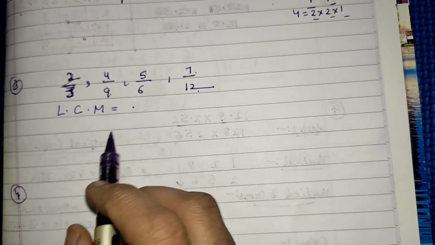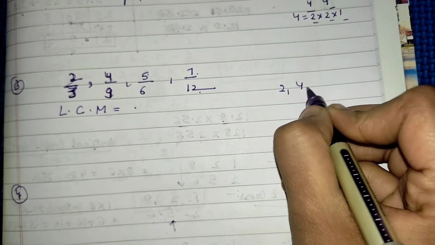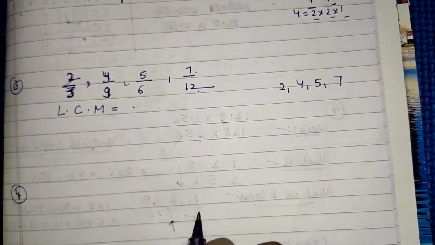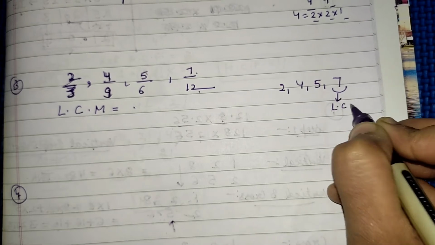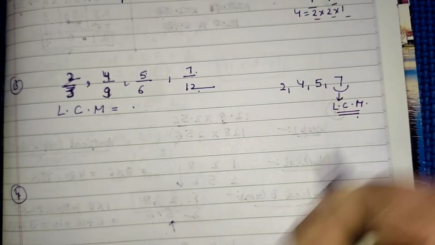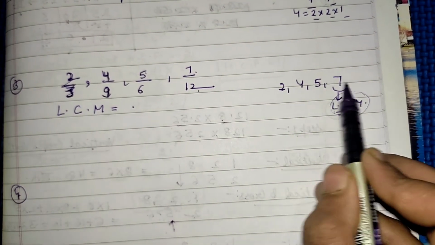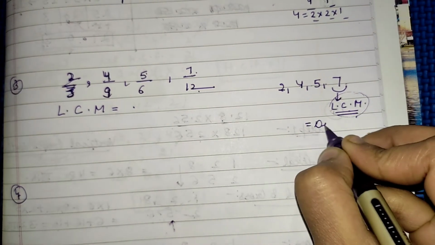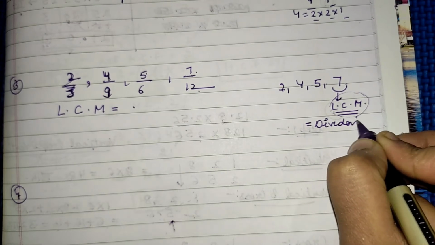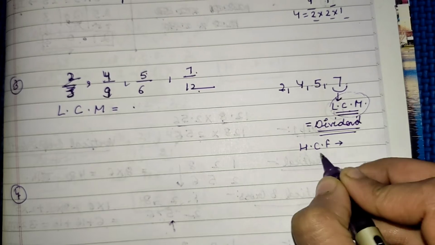Now you have to find out LCM of the 4 numbers 2, 4, 5 and 7. First imagine that your bigger number is your LCM. Now check whether this LCM is divisible by all the numbers or not, because I have told you in my previous videos also, LCM is somewhat related to dividend and HCF is somewhat related to divisor.